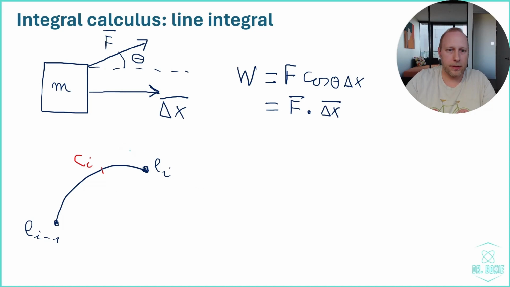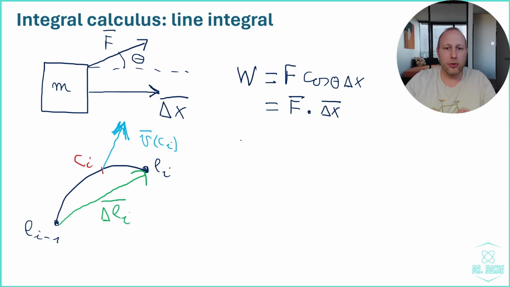And at that point, there is a vector v of Ci. And the displacement will be represented by a vector going from L_{i-1} to L_i, this green vector here, which is delta Li. And now we do something similar to what we did with the work.